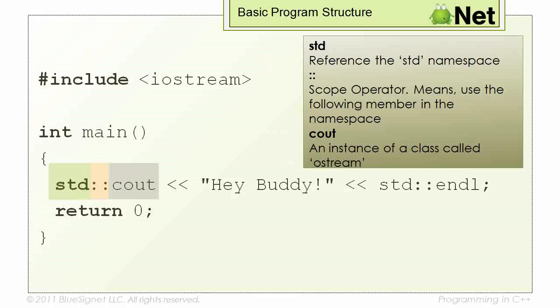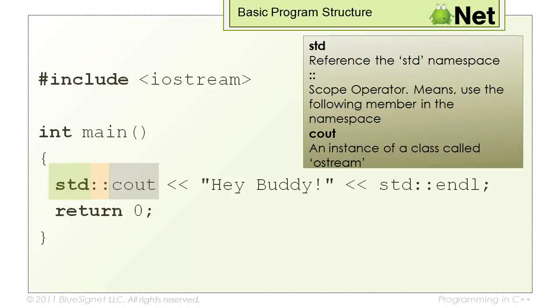So when we say std::cout, what we're saying is go to the namespace std, and then the scope operator, which is the two colons, says that the following entity I'm about to mention belongs to the previous namespace. So cout is an instance of a class called ostream. So what I'm saying is go to the std namespace and use the instance of ostream called cout and then pipe it some information.